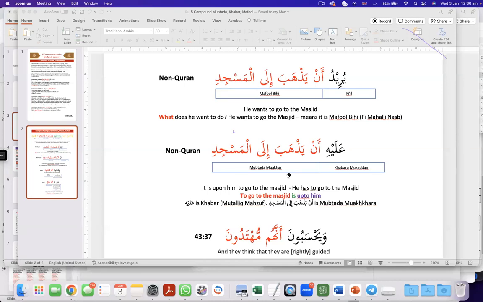So an yadhhaba ila al-masjidi will be a compound mubtada, but mu'akhar means it came at the akhir, at the end. It is supposed to be number one, first. Instead, khabar went first. So khabar went to the muqaddam, meaning ahead, and mu'akhar means coming later. That's why mubtada mu'akhar.